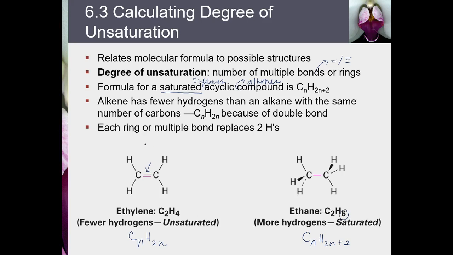So, sa pag-calculate ng degrees of unsaturation, you should take note na kada dagdag sa bond from a single bond to double bond, dapat mag-remove ka ng dalawang hydrogens. So, if you start from this one, ethane to ethylene na isang alkene, magbawas ka ng dalawang hydrogens to create that double bond.